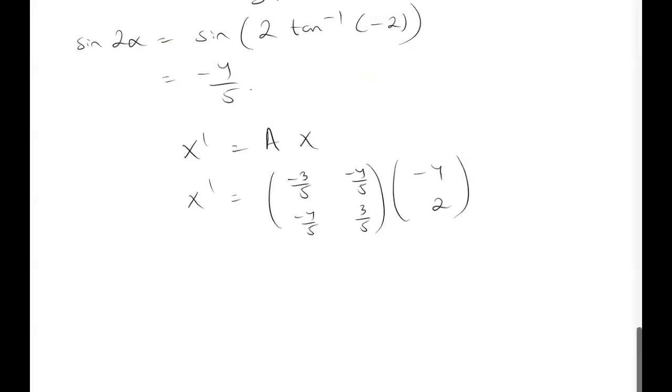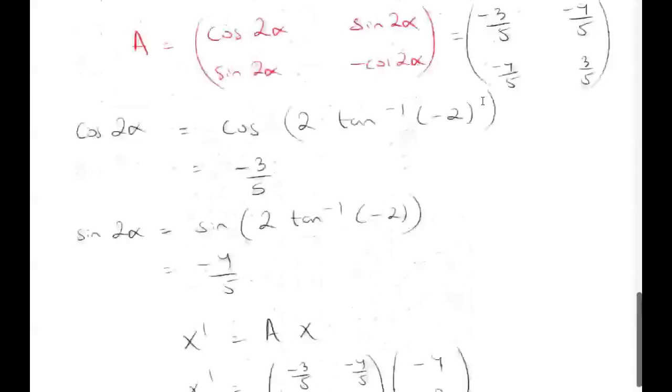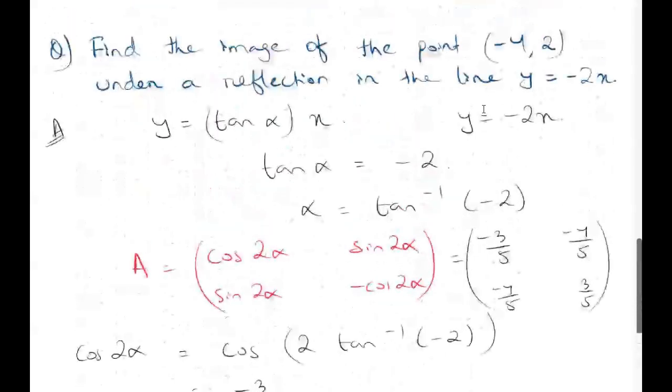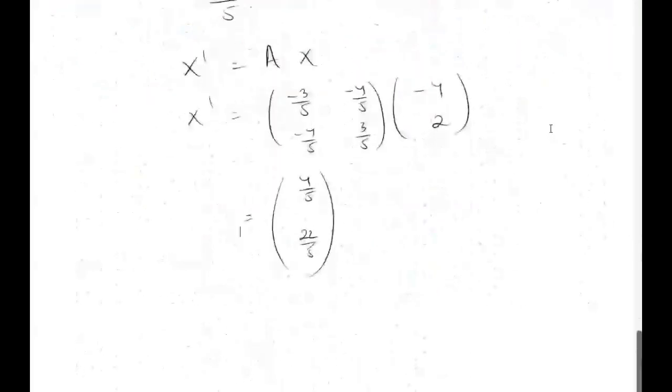After multiplying these two, I arrive at 4 by 5 and 22 by 5. So that's my image point. We have concluded that when we multiply the object point (-4, 2) with the reflection matrix for the line y equals minus 2x, we arrive at the image point (4/5, 22/5).